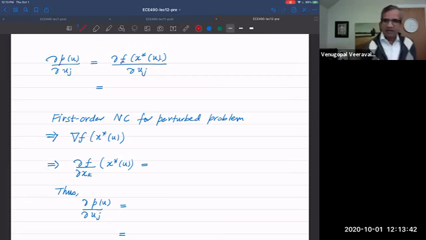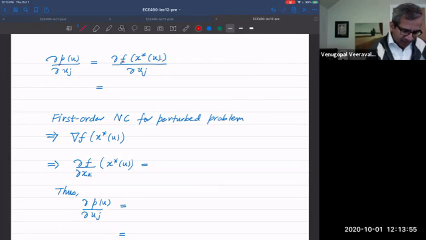And so I can take the derivative with respect to the x's first, and then take the derivative of the x's with respect to u j. So I'm computing each component of the gradient of P, taking the partial of P with respect to u j.